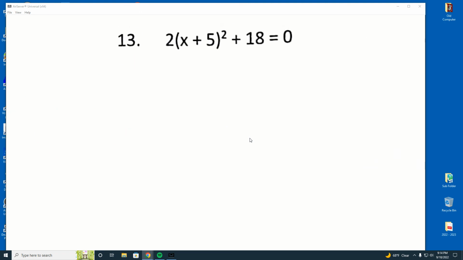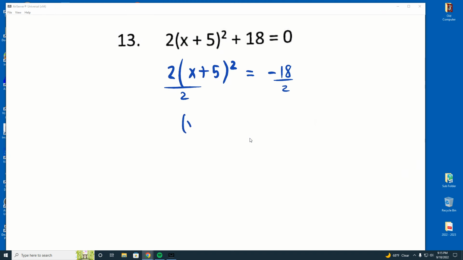Number 13. Please remember, I am not allowed to distribute 2 into here. Remember, multiplication comes after exponents, so we cannot do that. Please don't make that mistake. Leave it separate. Let it take care of itself. I'm going to subtract 18 first. And now here's how it can take care of itself. Divide by 2.